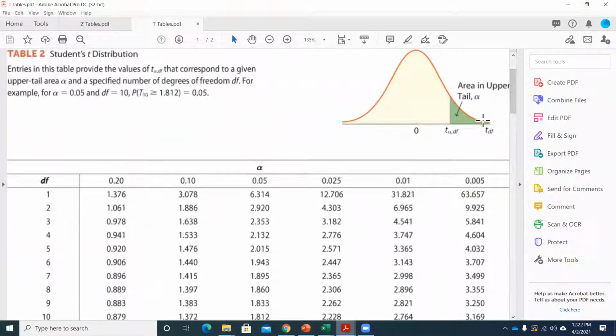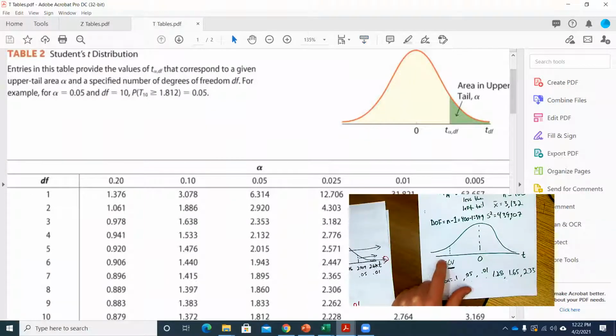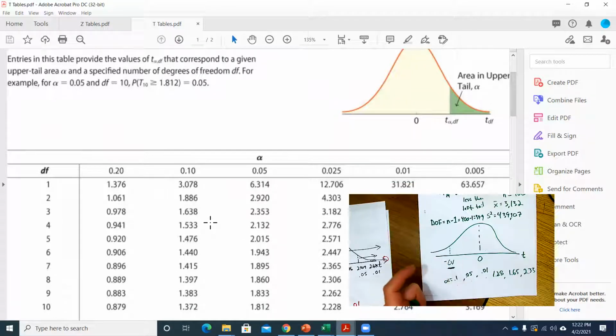Because this is a symmetric distribution around the mean of 0, if you want that same area in the lower left tail, which is what we wanted for this left tail test, it's going to be all these same values, they'll just be negative.